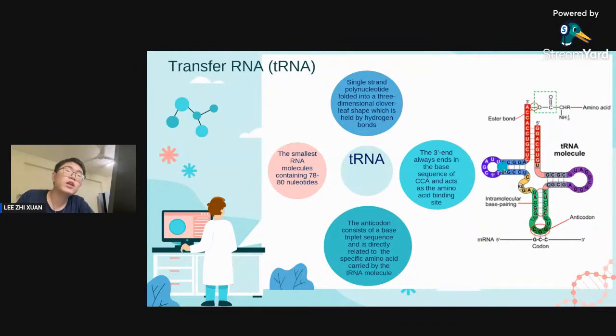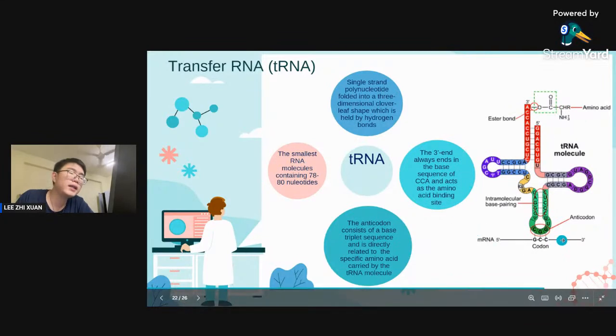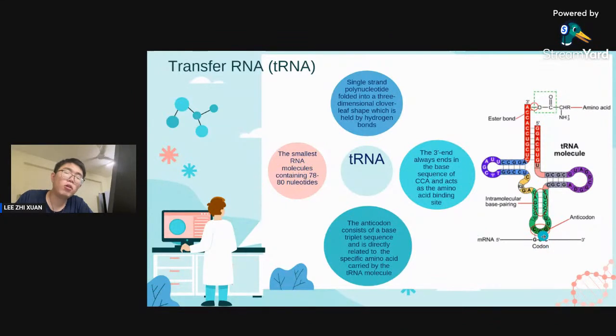Which amino acid is bound to this tRNA is based on the anticodon. This one, the anticodon here. If you see this structure, the loop and this structure at the bottom, these three bases we call the anticodon structure.